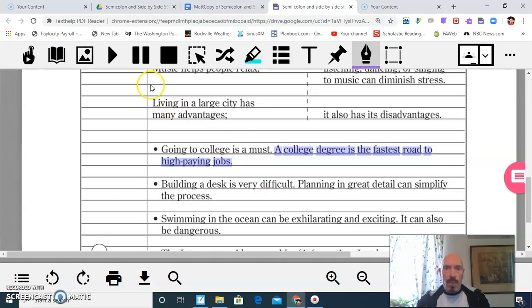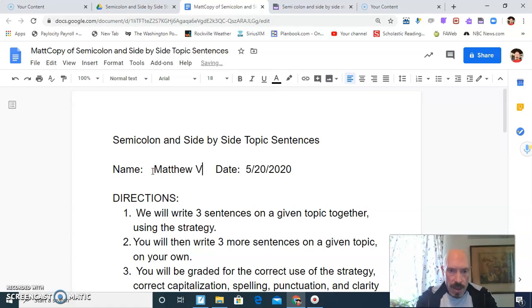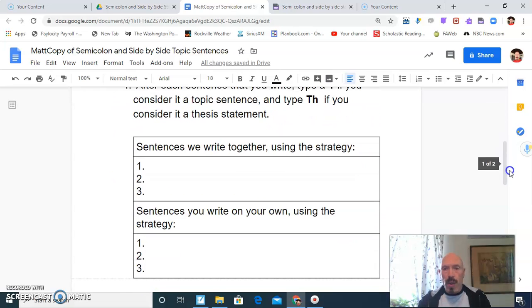So when I go to our Word document, yes, we put our name here. All right. And then yes, that's the old-fashioned way of spelling my name. Okay. And in the first box, we would use the strategy together. So let's say we're talking about vacation. Okay. Taking a vacation trip.